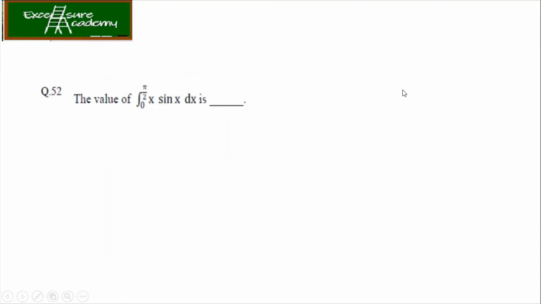So find the value of the integral running from 0 to pi by 2 of x sin x dx. Now how are we going to solve this? First, we know that integration of sin x is equal to minus cos x, right?